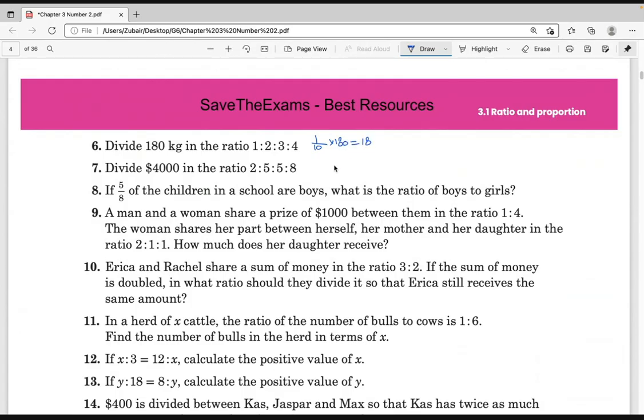This is 18. Because I know 1, I can simply now multiply with 2 and 3 and 4. So this is 18, 36, and 18 into 3 is 54, and 18 into 4 is 72. Try.